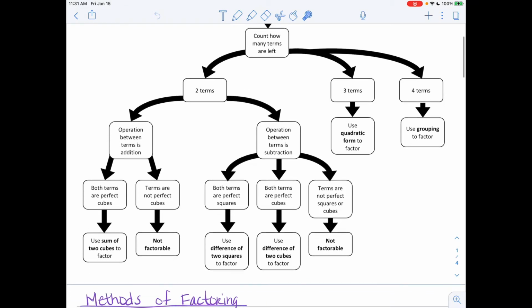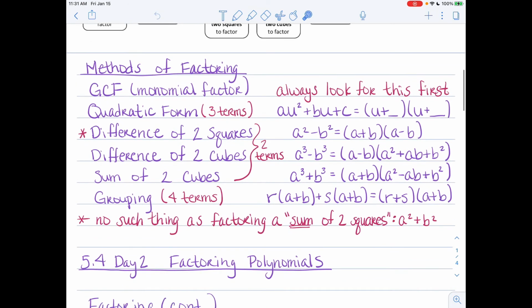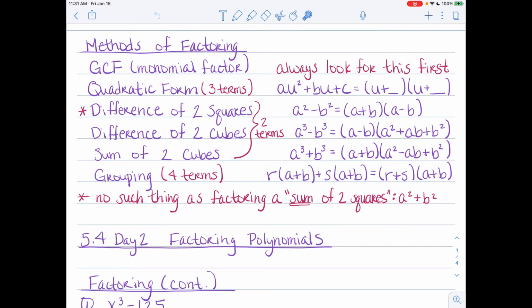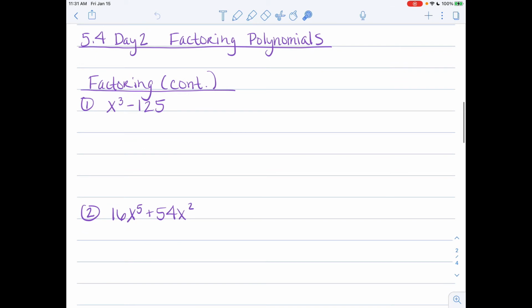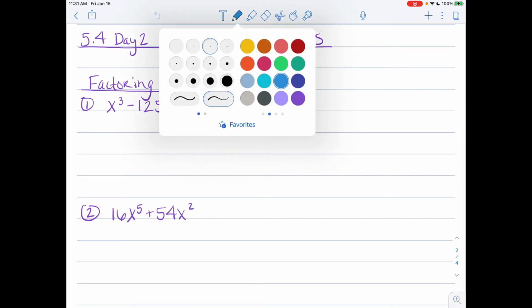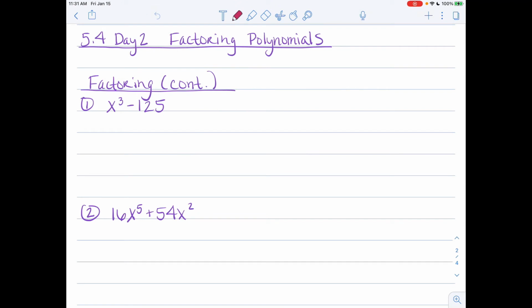Now that we know that we've got perfect cubes, we are going to be using this equation right here. A cubed minus b cubed, we have 2 perfect cubes, and that's going to be equal to all of this. So what we need to do is identify a and b and then plug into the equation. So let's come back down here. I'm going to rewrite the difference of cubes equation down here for you because I know that it's in your previous day's notes.